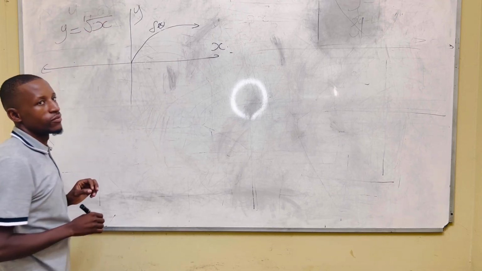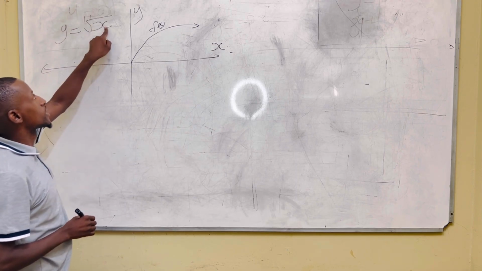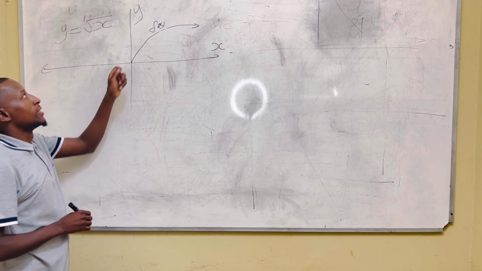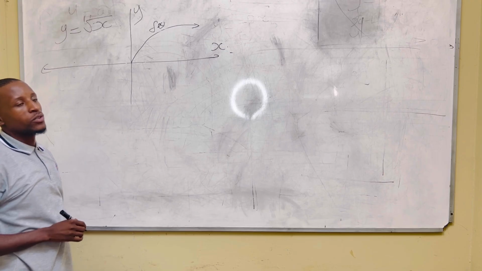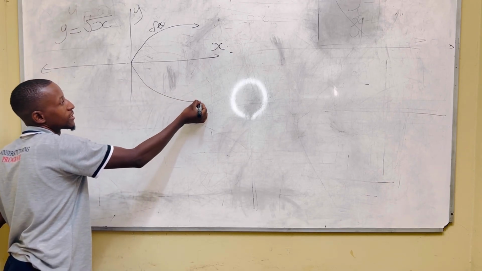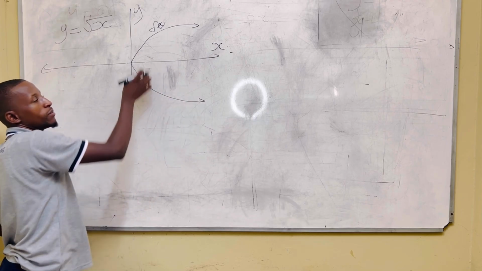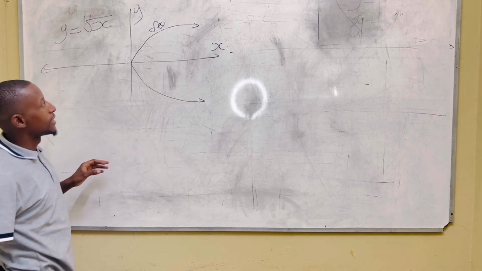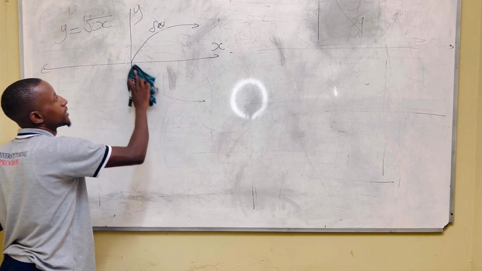This is the original function, or it could be 2x or 3x, whatever. This is f of x. Remember, if it was not restricted, it would have both arms that way. But it's a restricted f of x, so something like this.